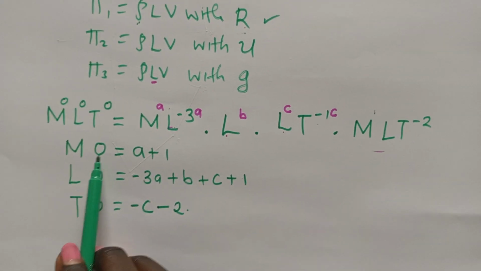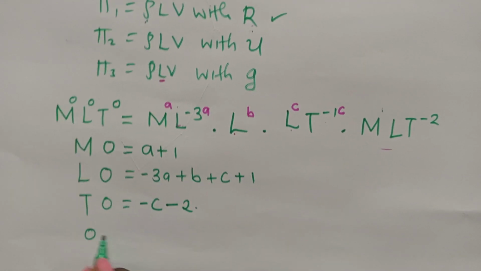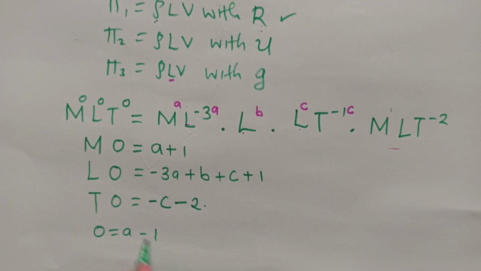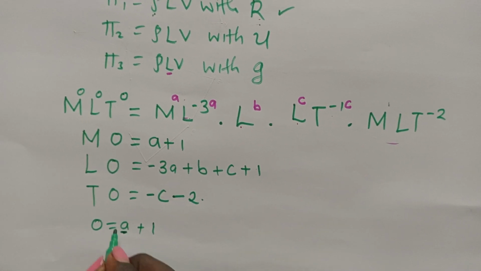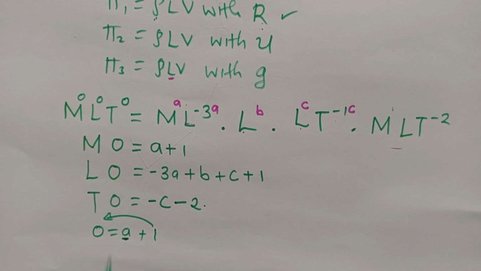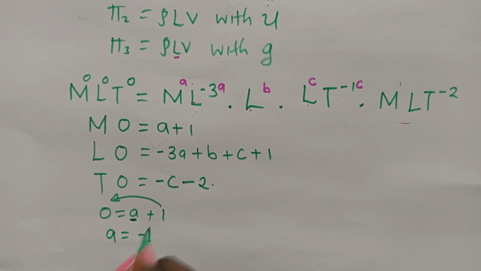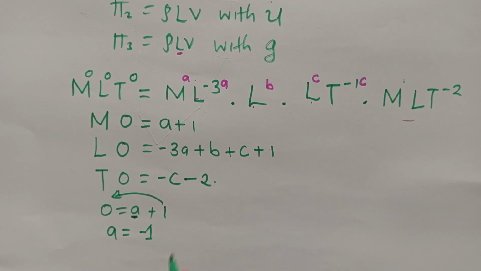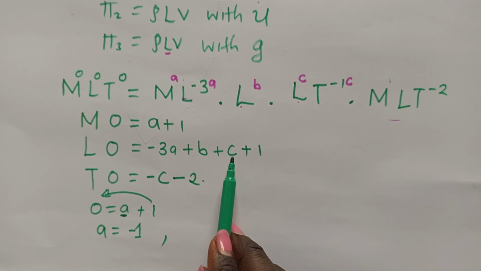So from 0 is equal to A plus 1, we can have this. Remember, 0 is equal to A minus 1, A plus 1, sorry. So to have our A alone, this is like taking 1 to the other side. So we'll have our A being equal to negative 1. For B, this is known, this is unknown, and this is also unknown.